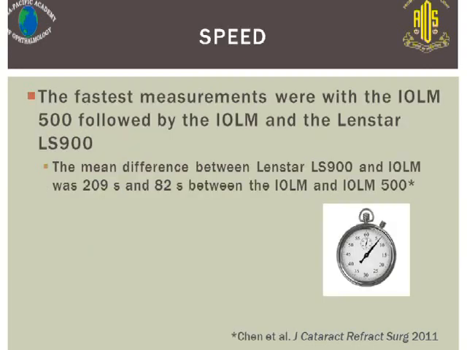The speed of these optical biometers has been compared, and it was found that the fastest measurements were with the IOL Master 500, although we have to bear in mind that the Lenstar LS900 acquires additional information, including the central corneal thickness and the retinal thickness. And the percentage of unsuccessful scans for both machines is roughly similar at around 6%.